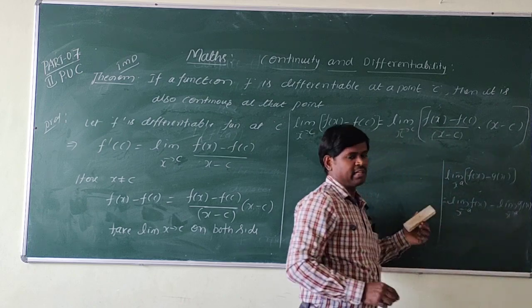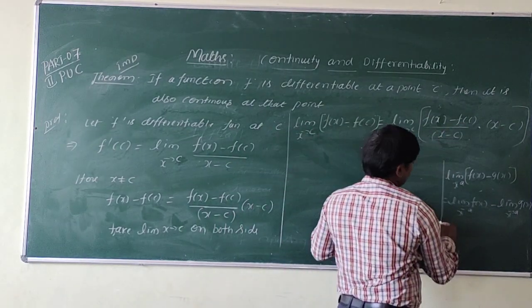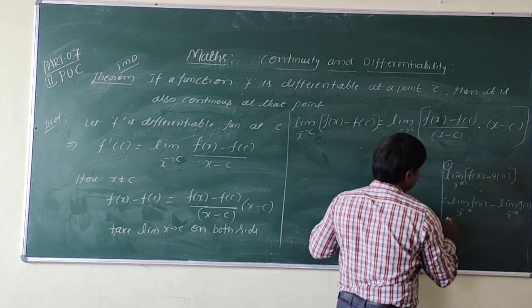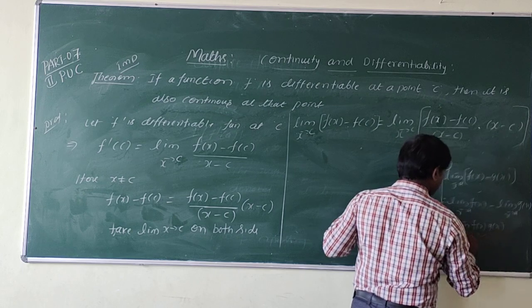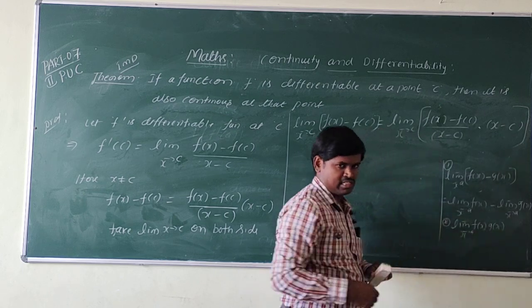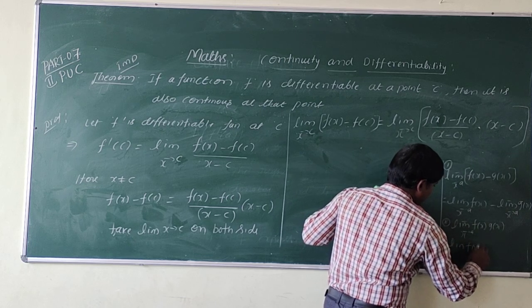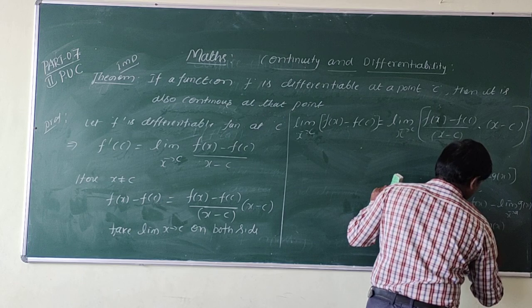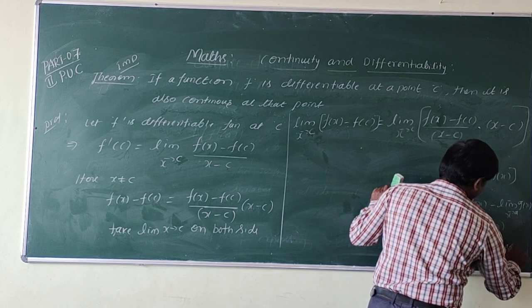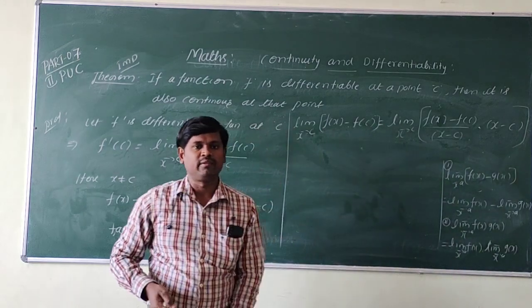So already you know this property, algebra of limits. Similarly, one more property: the limit of f of x into g of x as x tends to a is the limit of f of x as x tends to a into the limit of g of x as x tends to a. So these are the properties, algebra of limits of functions.